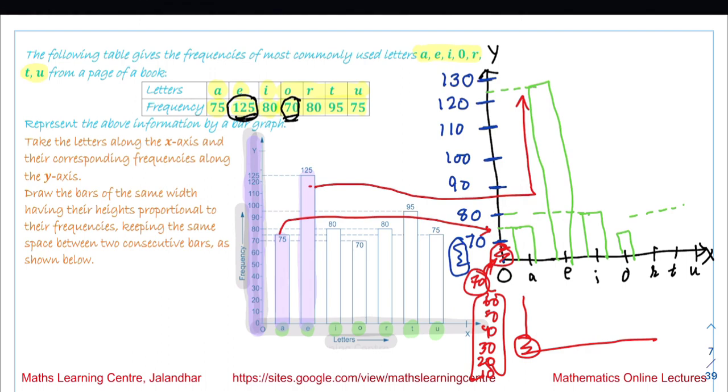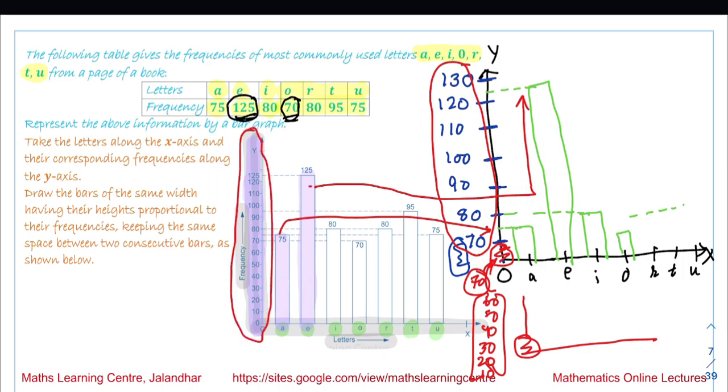Based on how we represent the y-axis, the corresponding bar graph will change, but the basic information it contains will be the same. If I talk about point O, I will join this O over here and obtain that the frequency corresponding to O is 70, and from this graph also I am getting that the frequency corresponding to O is 70.